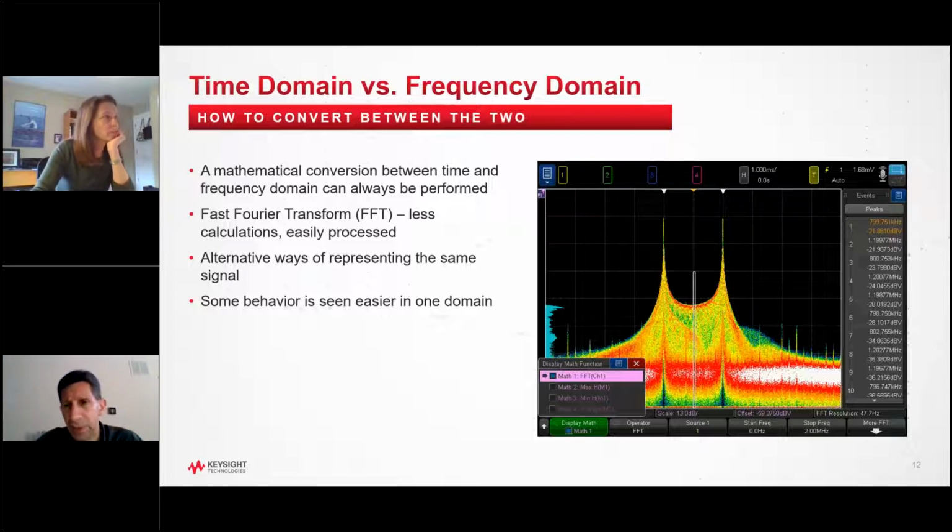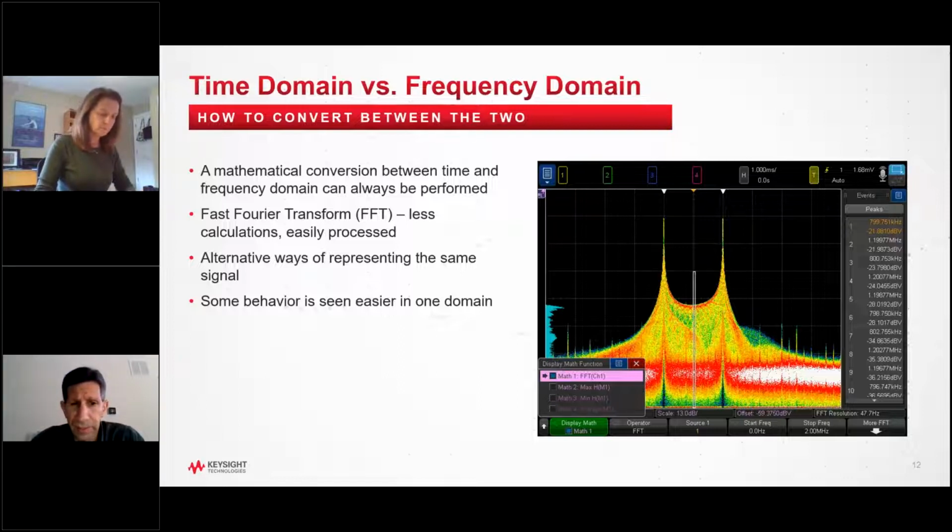And it's a question of how much you can do with the FFT, different windows and controls, et cetera, that distinguish the basic ones from the higher performance ones. Same way, some of our network analyzers and signal analyzers can do an inverse Fourier transform and go from the frequency domain, where they are native, back into the time domain.